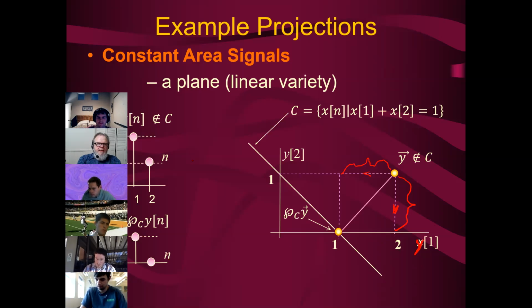Let me give you hopefully a nice interpretation of this. Say we have an x of t, and this x of t is supposed to have an area of A, but it doesn't have an area of A. We want to subtract off the same amount in every case.